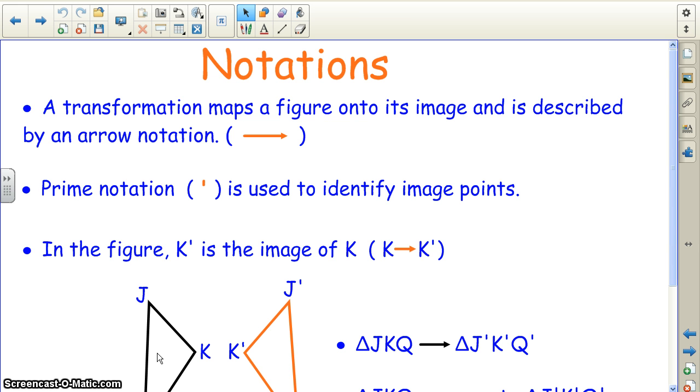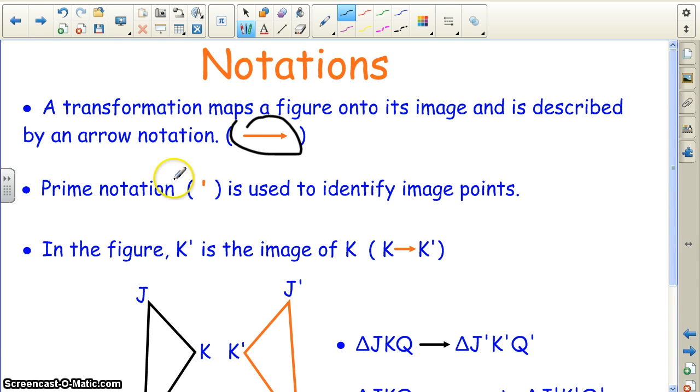Okay, so first thing we need to talk about is that a transformation maps a figure onto its image, and the main symbol that we use is this little arrow right here. We'll use that in a lot of different situations. That lets you know that we're going from the pre-image to the image. This prime notation, something that you really have not seen before, is used to identify the image points.